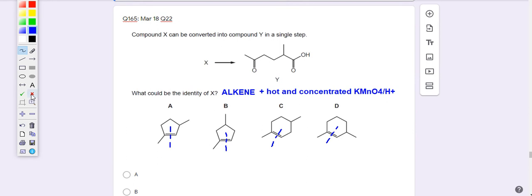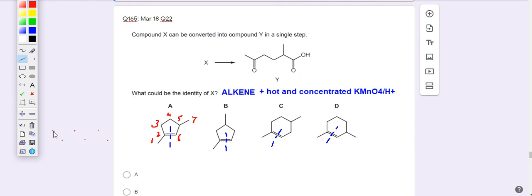Now, if A is broken, I would like to number the carbons so that it's easier for us to check what happened to all these carbons. There are 7 carbons in A. Now this is broken, so carbon number 1, 2, 3, 4, 5, and 6.